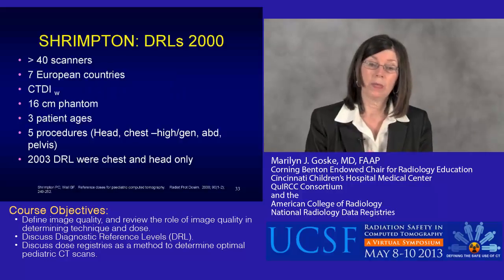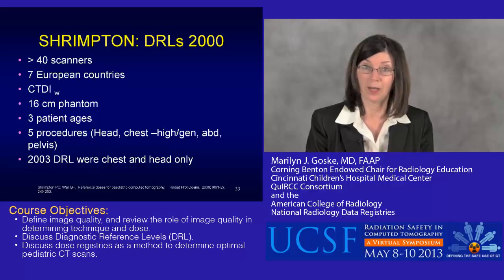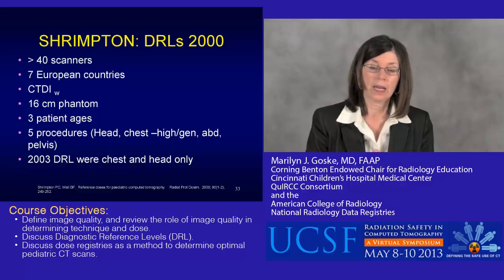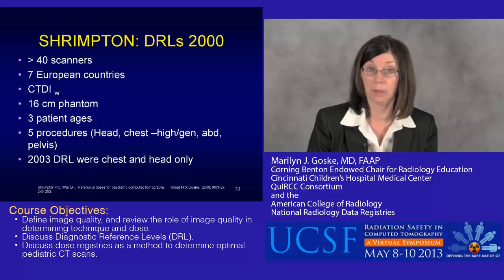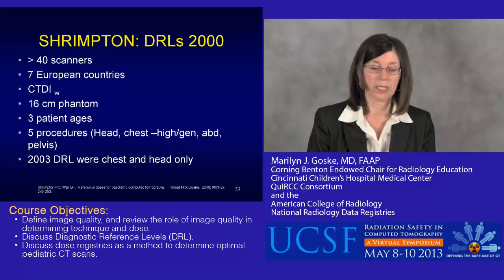On this next slide, we can see that Dr. Paul Shrimpton actually developed, in the United Kingdom and for the European Union, DRLs in 2000, 13 years ago. And he polled 40 scanners, this was a paper survey, from 7 different European countries, and at that time he used CTDIW as the dose estimate.